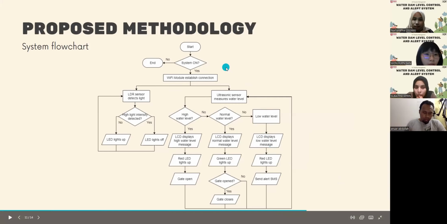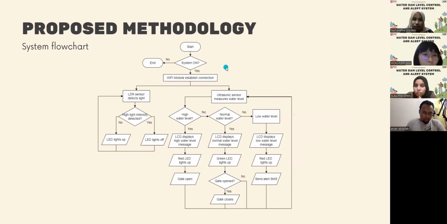This is the system flowchart. First, when the system is started, the system loops whenever the system is on. The Wi-Fi module establishes connection. For the first feature, which is the automatic lighting system, the LDR sensor detects light.